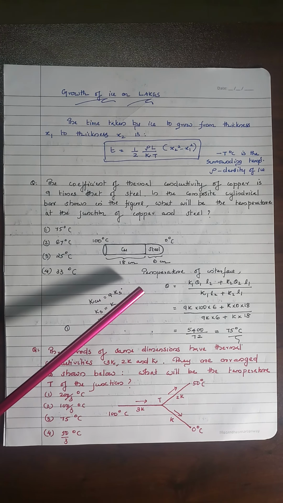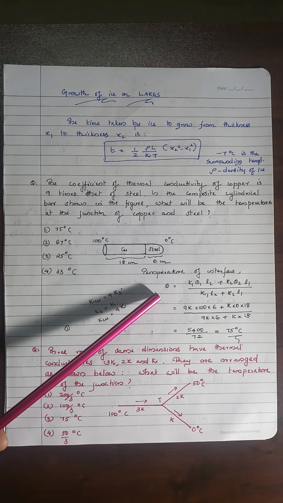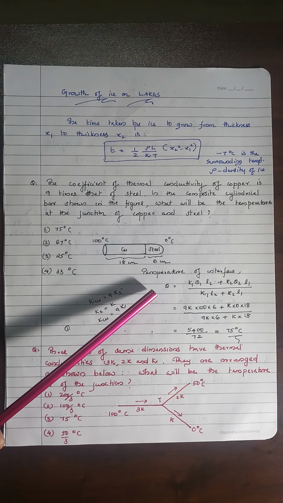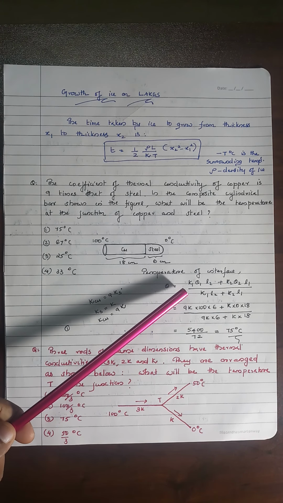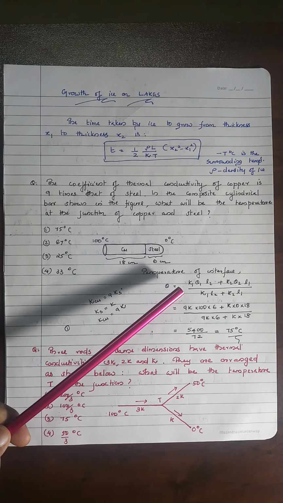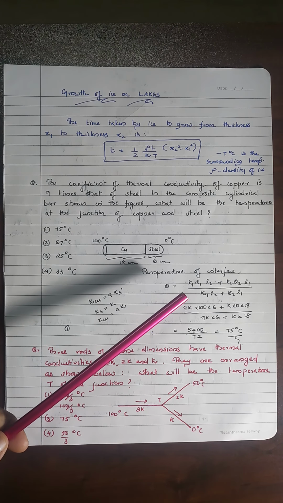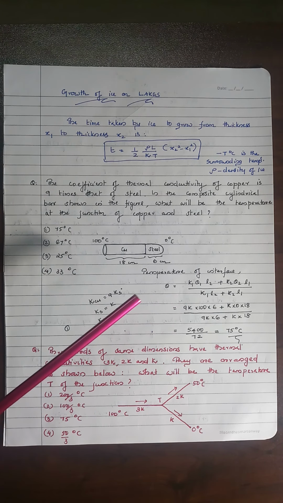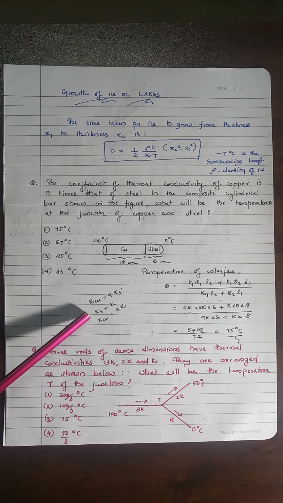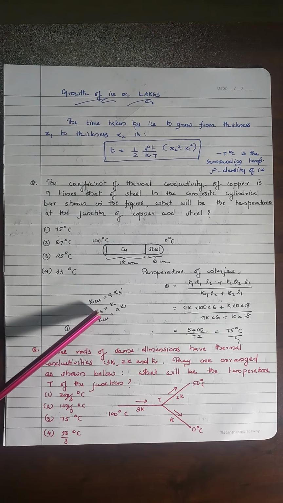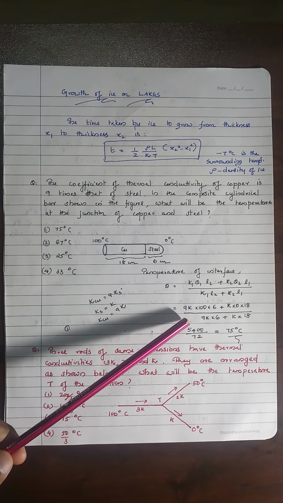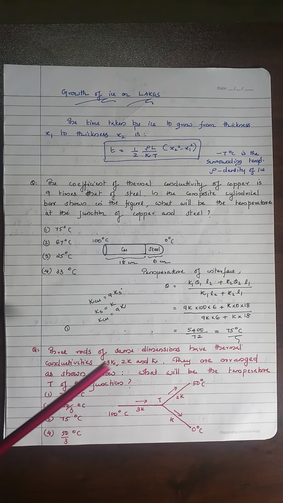Then we arrive at a very good equation to find that junction temperature theta: theta is equal to K1 theta1 L2 plus K2 theta2 L1 by K1 L2 plus K2 L1. It is given that the thermal conductivity of copper is 9 times that of steel. So you can put the values and you get the answer as 75 degrees Celsius. We can mark the choice as 1.